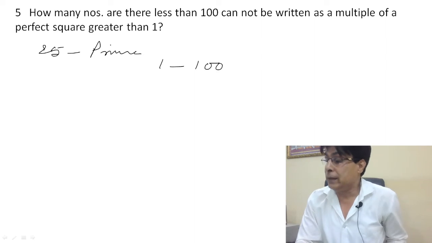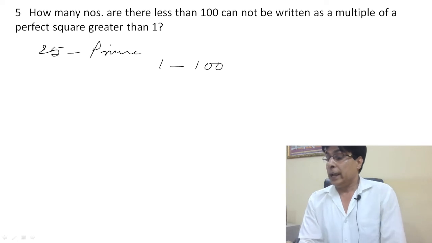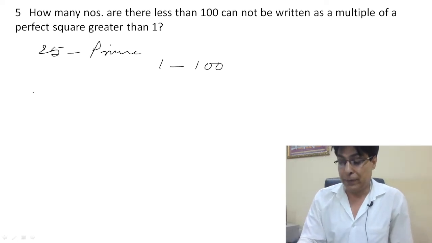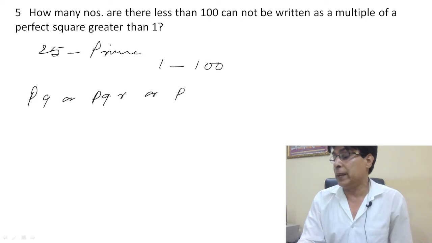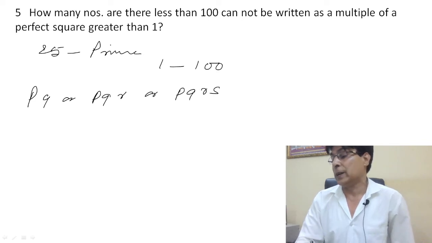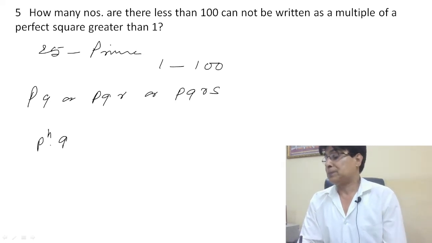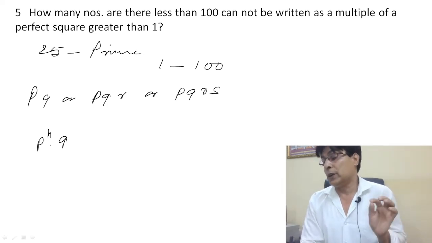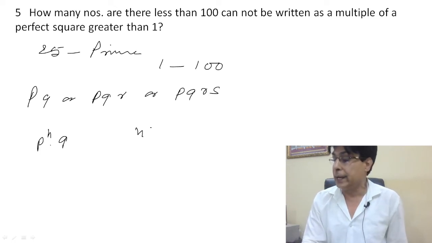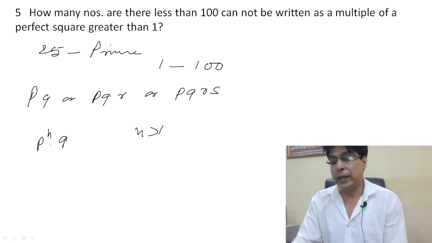Apart from this, any number that can be written as a product of two or more primes, that is, any number of the form p into q, or p into q into r, or p into q into r into s. A number of the form p to the power n into q cannot satisfy the condition of the question if n is greater than 1, as then the number will be a multiple of p square.